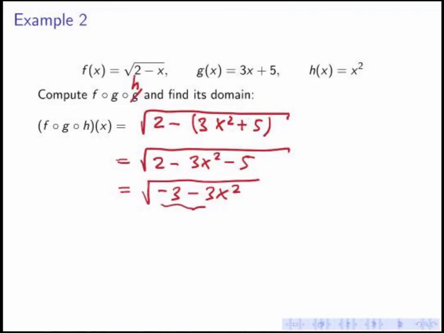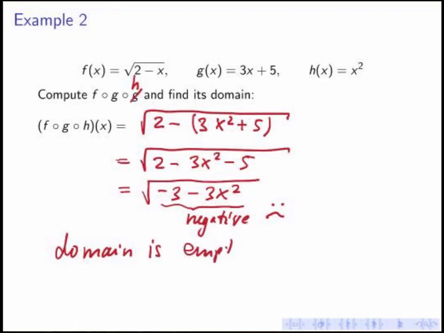So the whole thing inside the square root is always negative. And this is a problem, because negative numbers we can't take the square root. So the domain of this function here is what? Is empty. There's no value x which I can substitute into this function. So in other words, I could say the function is not well defined.